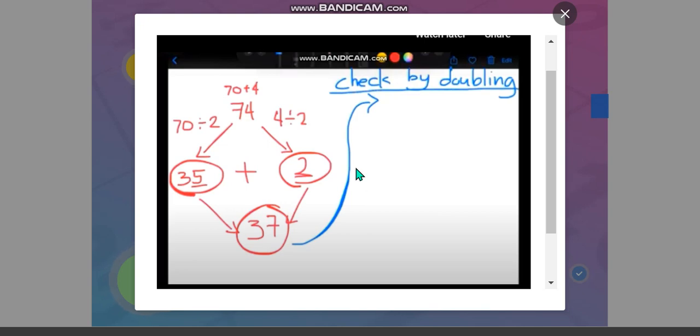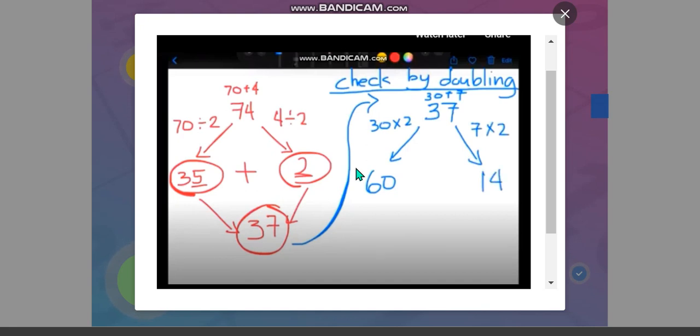Okay, now we are going to write 37, and then partition this 37 into 30 plus 7. Now tens place value would be 30 times 2. Since we are doubling, we are doing times 2. So that would be 60. Now 7 times 2 would be 14.